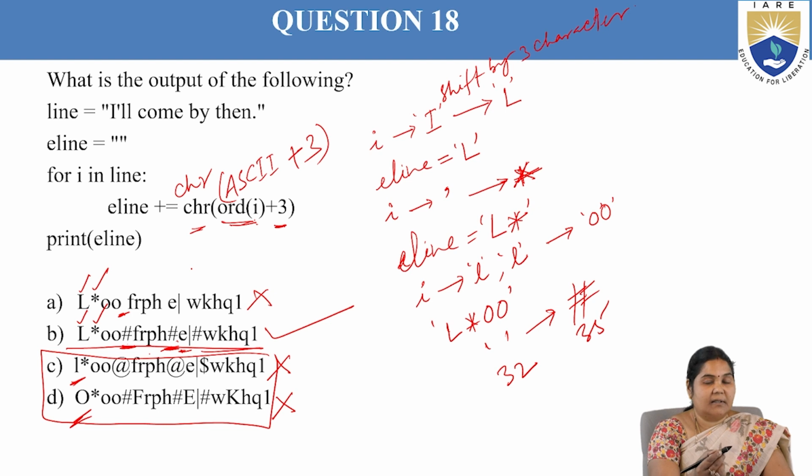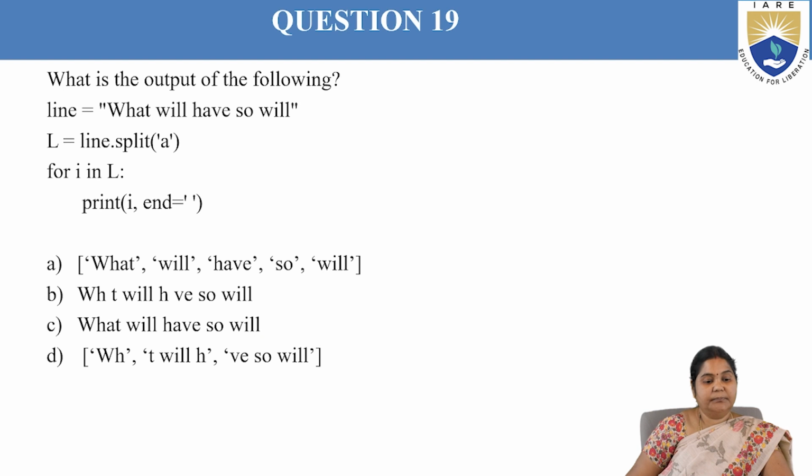It is converted into ASCII, moved ahead by 3 characters, then converted back to a character and concatenated with the E line string. Finally we are going to print E line. So this is the correct answer for this question. I hope it is understood. Next question we will move on.